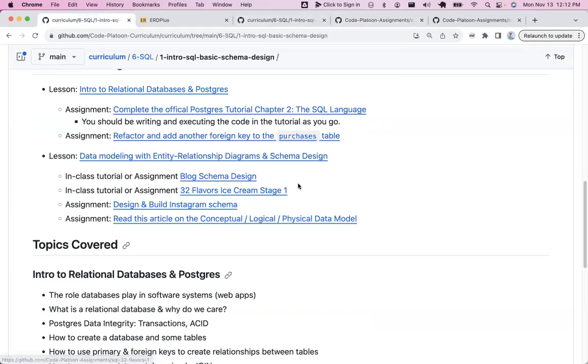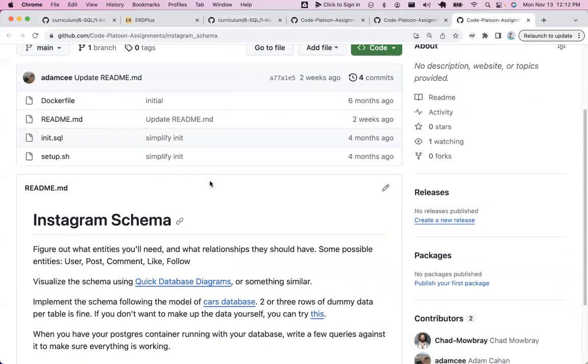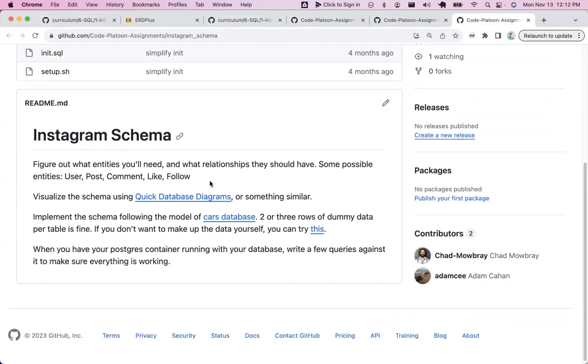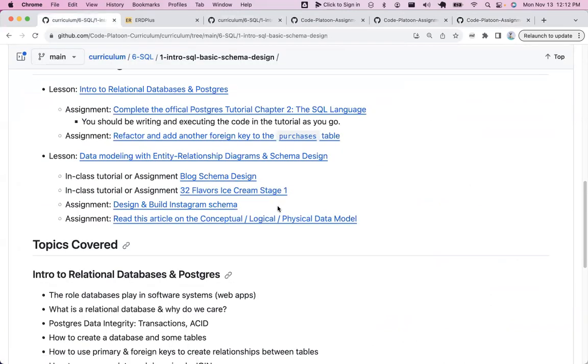And then there's also an assignment to design a schema for Instagram. And I would like you to do an entity relationship diagram for this as well. So this is actually a good amount of stuff for today, these 3 tasks. If you want to dive into this 32 flavors one, go for it.